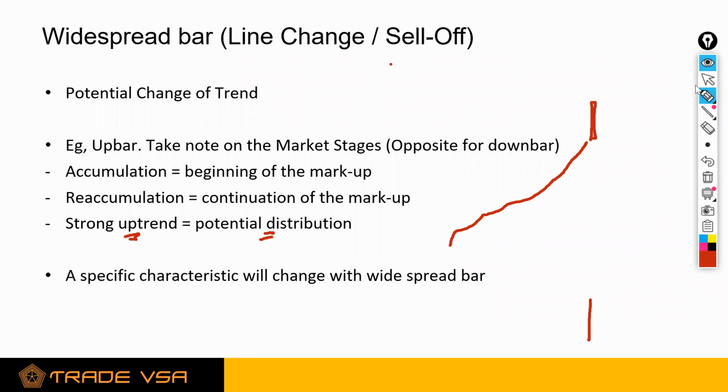Now can anyone here share with me why accumulation with a widespread bar is markup, reaccumulation with a widespread bar is markup, but a strong uptrend with a widespread bar is potential distribution? Can anyone share why?